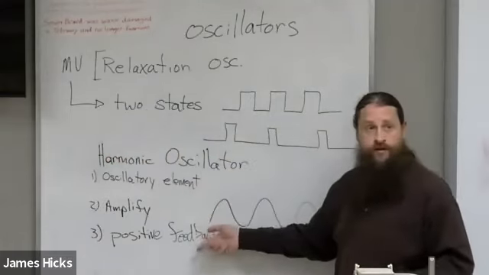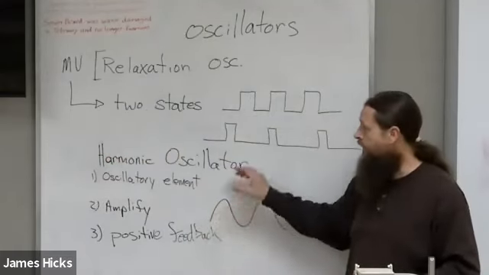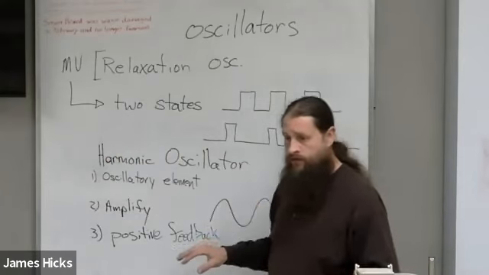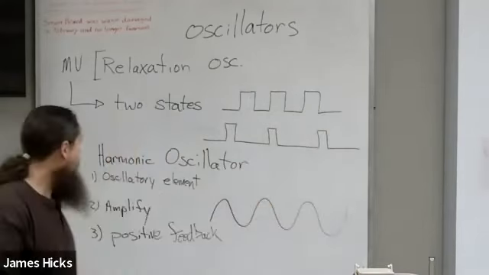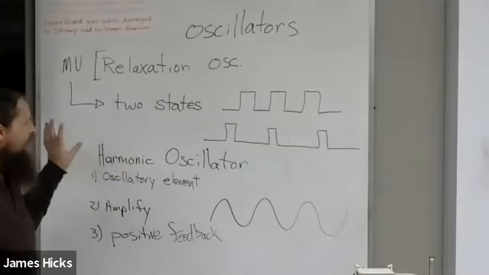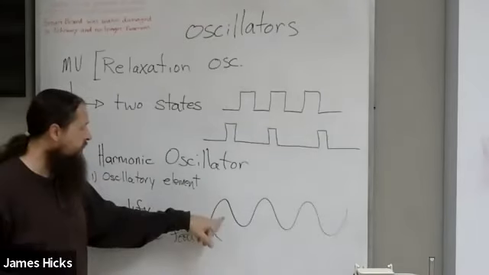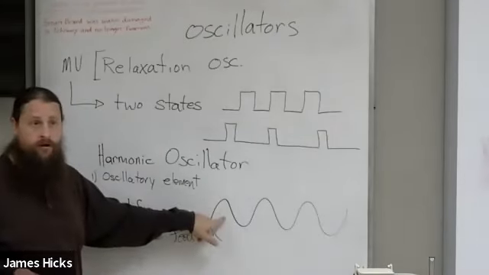So all three of these things are ingredients for getting some kind of harmonic oscillator. And the reason it's called a harmonic oscillator, obviously, is getting the sines and cosines out that are harmonic functions.